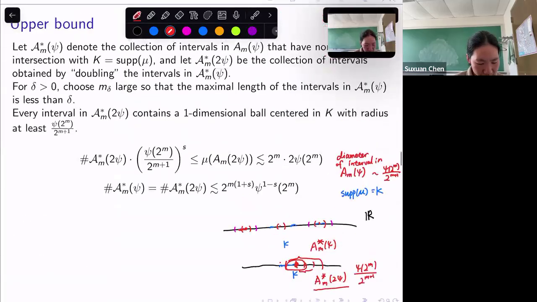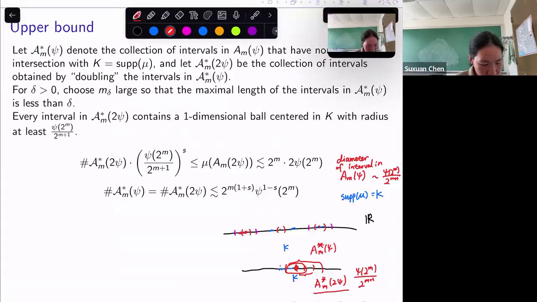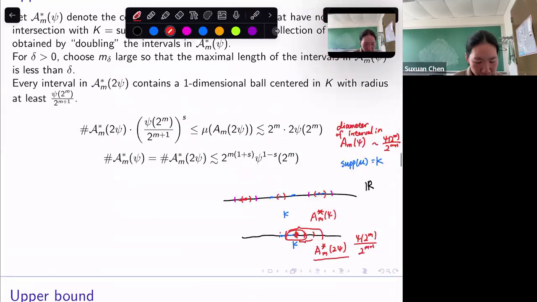One thing I forgot to mention is that suppose we are given a delta greater than 0, we can choose m_δ large so that the maximal length of the intervals in A_m^ψ is less than delta.